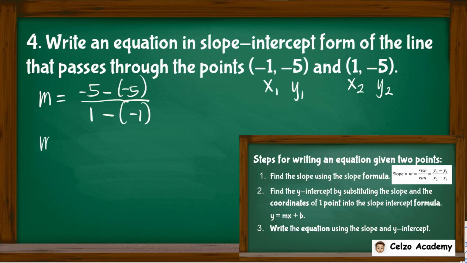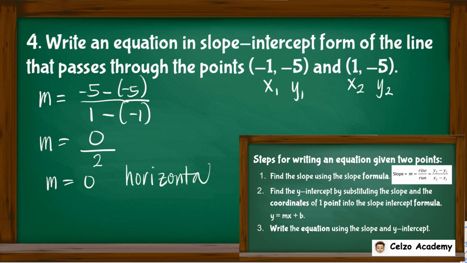So m is equal to -5 minus -5, which is -5 plus 5, which is 0. Denominator, 1 minus -1 is 2. And 0 divided by 2 is 0, which means that we have here a horizontal line.